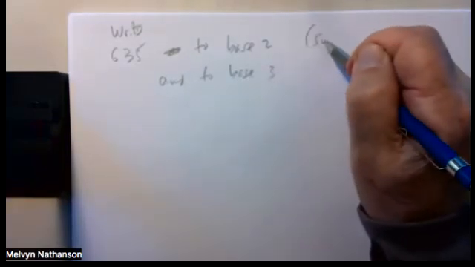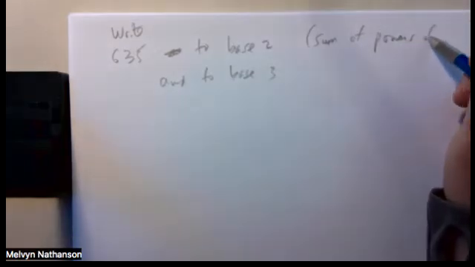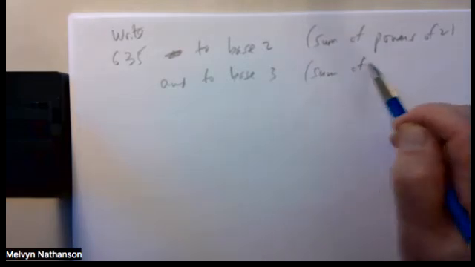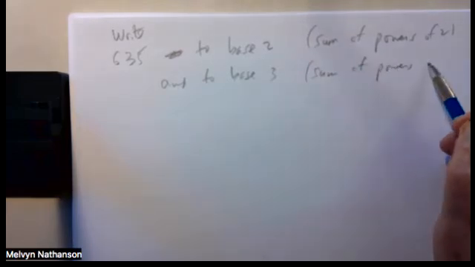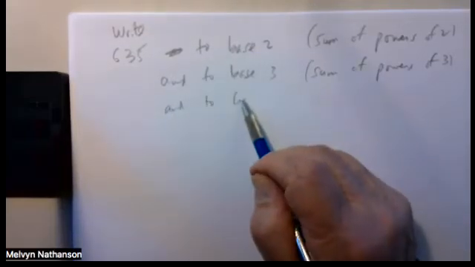This means as a sum of powers of 2 with coefficients 0 or 1, as a sum of powers of 3 with coefficients 0, 1, or 2, and maybe also to base 5.